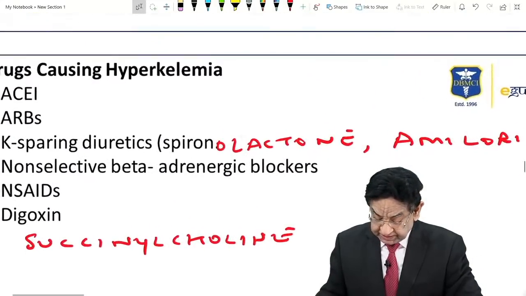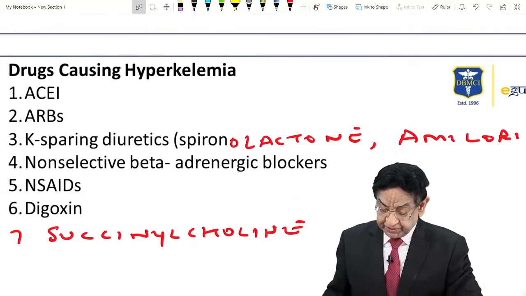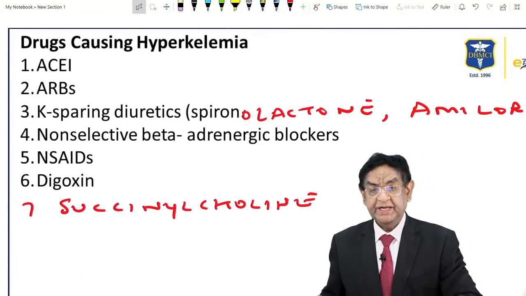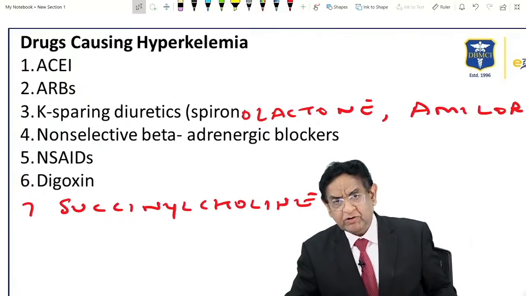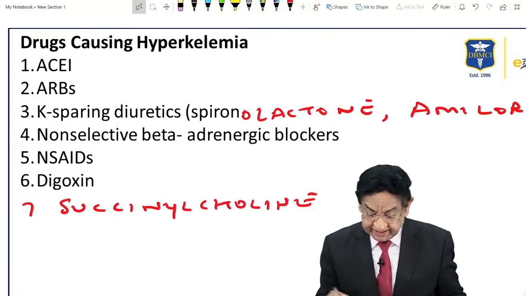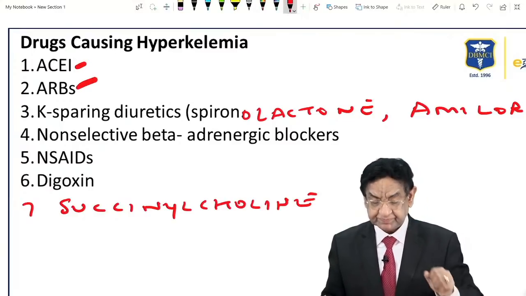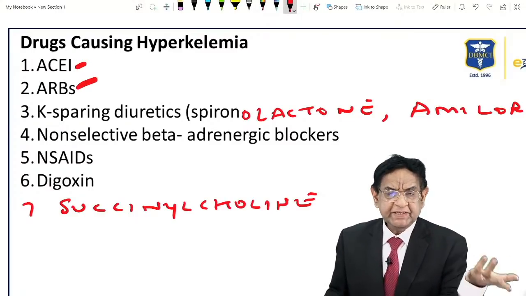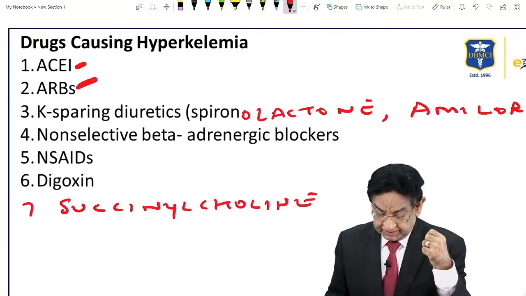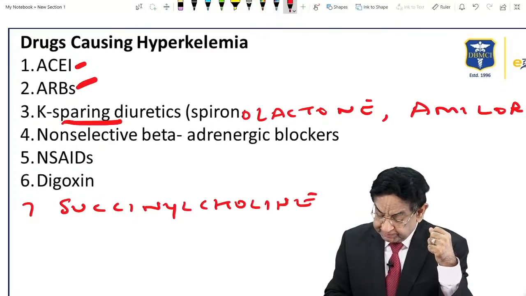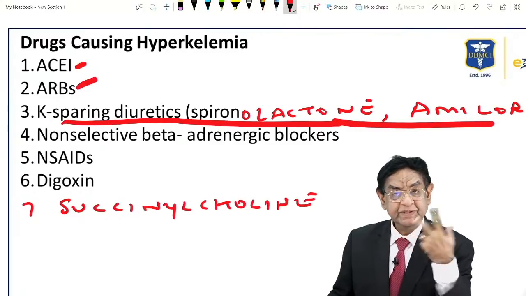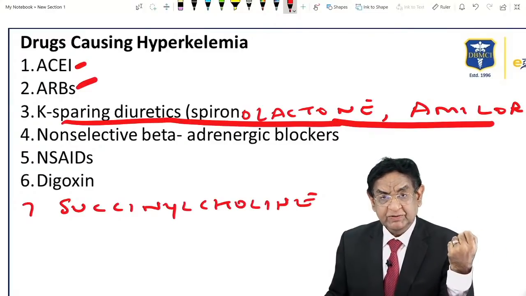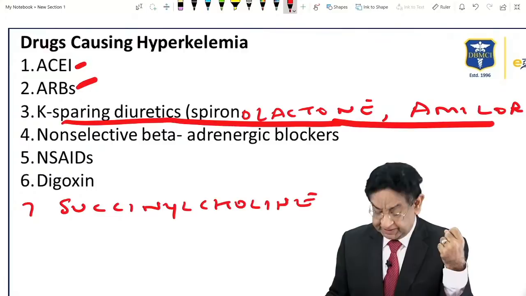So there are certain drugs which can lead to hyperkalemia. If you go for the causes of hyperkalemia, there are n number of causes, but let's see which drugs. ACE inhibitors and ARBs are very important. Potassium sparing diuretics like spironolactone or amiloride, they all retain potassium.